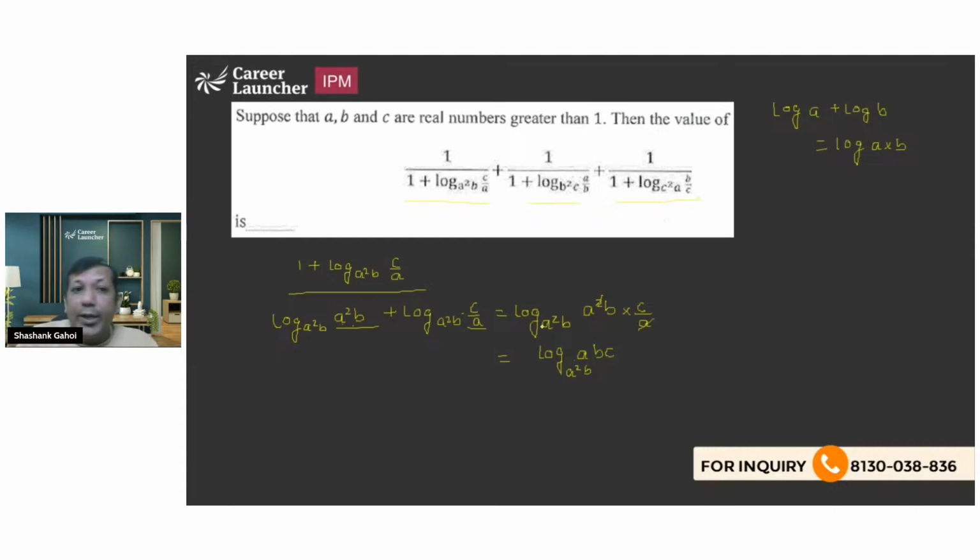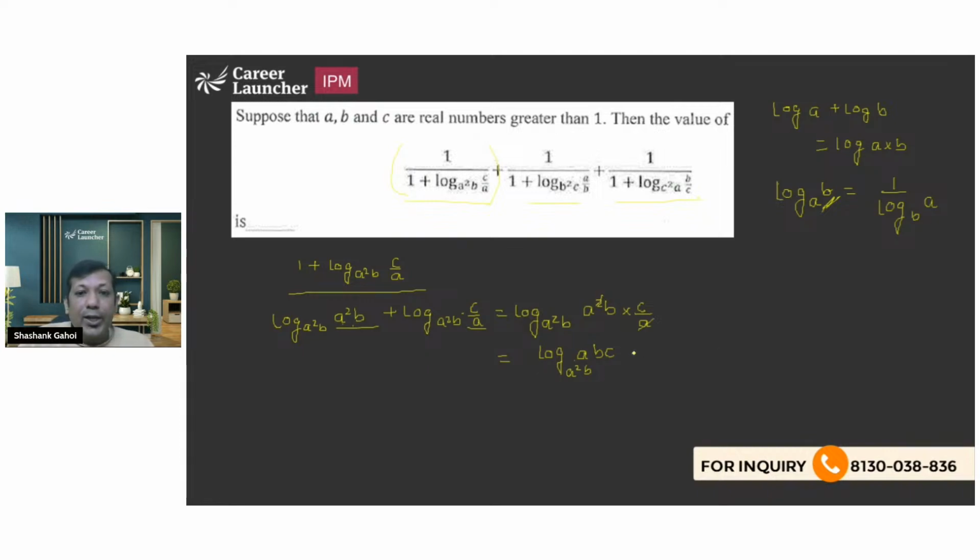All the values are in denominators. If I have a log function, log a base b, it can also be written as 1 upon log b base a. When you take the reciprocal, these two values interchange.